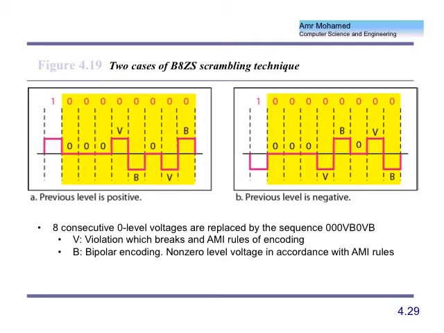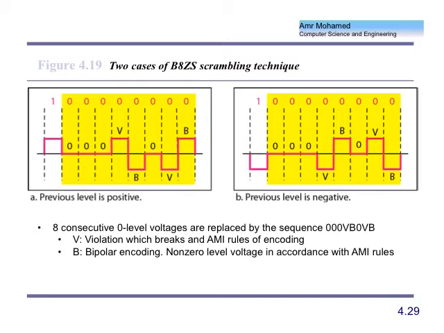So if it's positive voltage, then if I have 1, let's say here, then this needs to be negative. If this is negative, then this should be positive. And we said that this is good because if I have consecutive ones, then there's no problem because I have to invert all the time, and that creates the changing voltage level, which is good from the synchronization point of view. Okay, and this is the worst case when it comes to bandwidth, and we calculated that, and we have seen that the bandwidth is attractive, and this way we can eliminate the DC component.